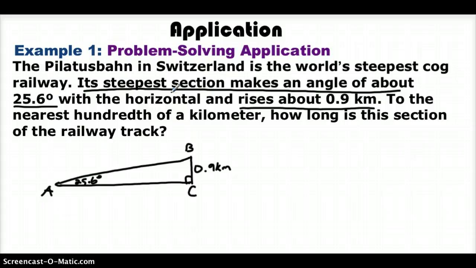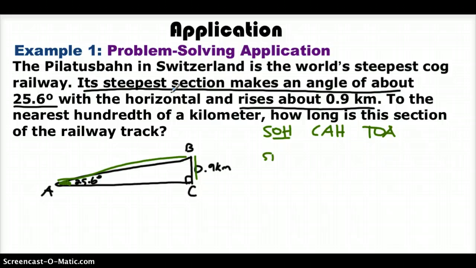So we know a couple things. We know this angle A, we know this opposite side, and we want to know how long this hypotenuse is. So if we look at SOHCAHTOA, we should be able to figure this out. It looks like we have the opposite and the hypotenuse, so sine is going to be the way to go.